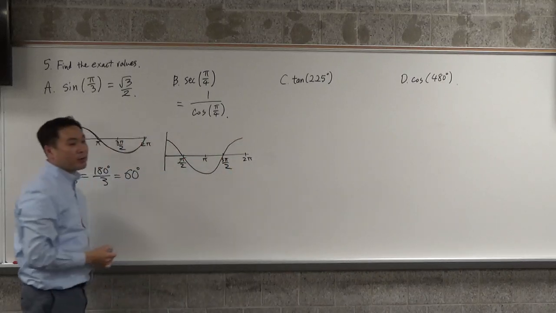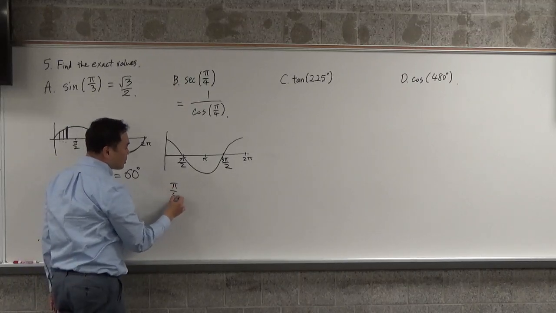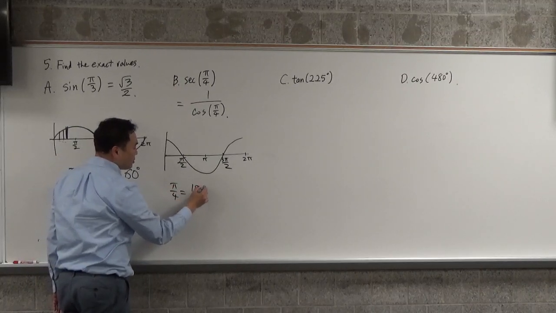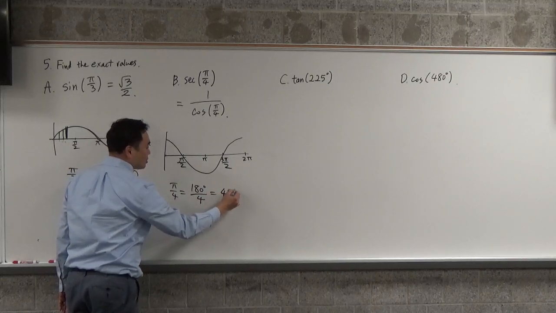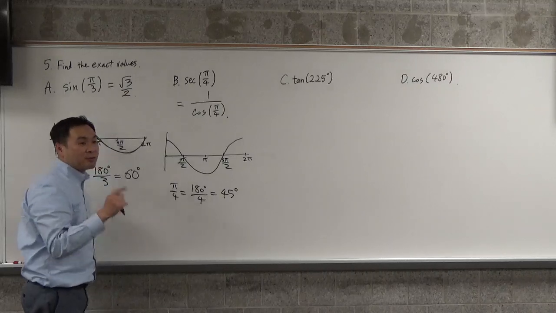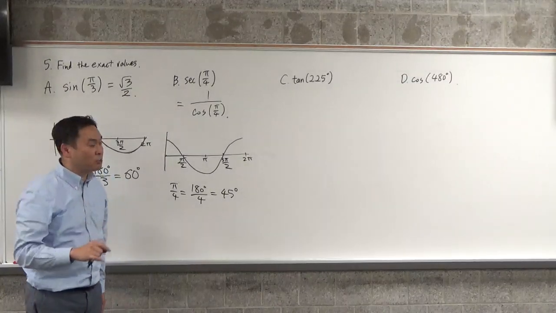That's the cosine graph. And pi over 4 is 180 degrees divided by 4, which is 45 degrees. So dividing by 4 is half and half. Half of 180 degrees is 90 degrees. Half of 90 degrees is 45 degrees.